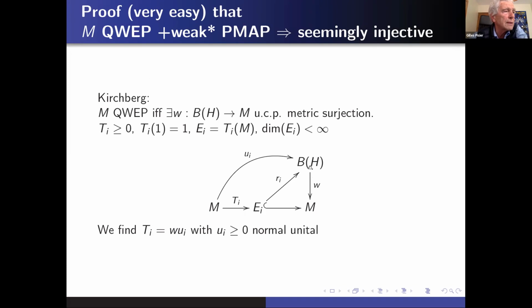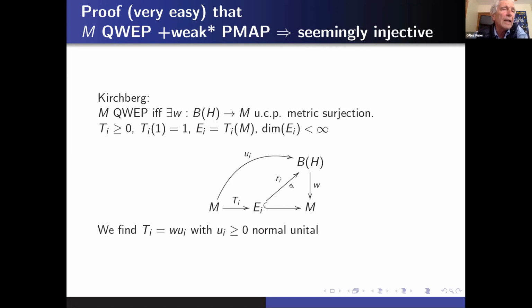The proof is essentially all going to be in the diagram. So we have this quotient map here, and then we assume that we have the weak star positive metric approximation property. So we have here this Ti, finite rank positive, to these subspaces Ei, which are included in M.